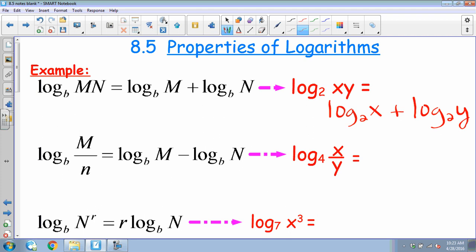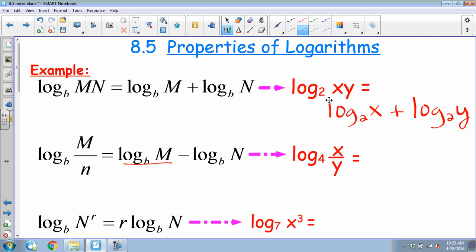Division expands to subtraction. So if you have the log of something divided by something else, the log of m divided by n, that expands to the log of the first thing minus the log of the second thing. Your first log is your numerator.